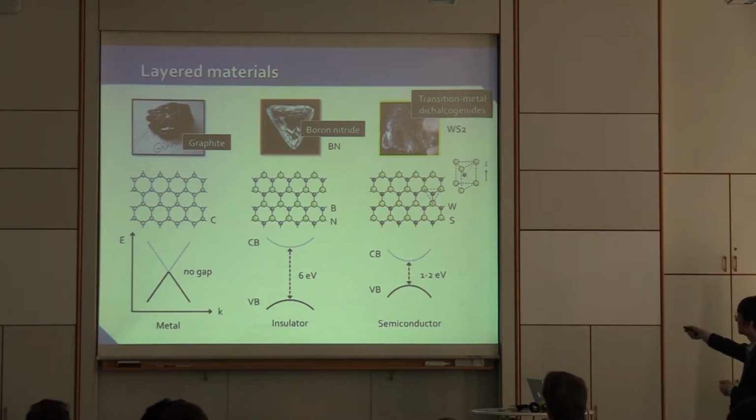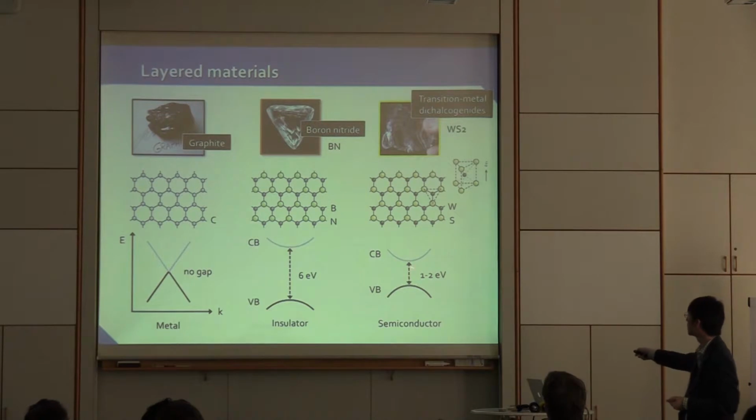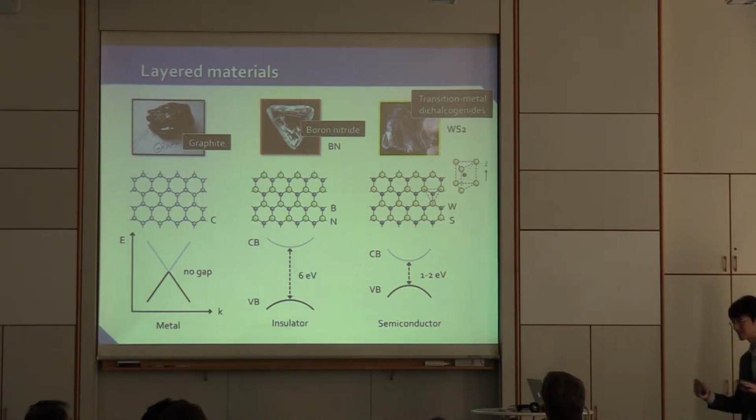Now, the semiconductor component is this transition metal dichalcogenide, which is a new family that has only been explored since 2010. In this material, we have tungsten and sulfur. Because of the sublattice symmetry breaking between the two atoms, we have a gap of about 1 to 2 eV, which is perfect for transistors, just like silicon.